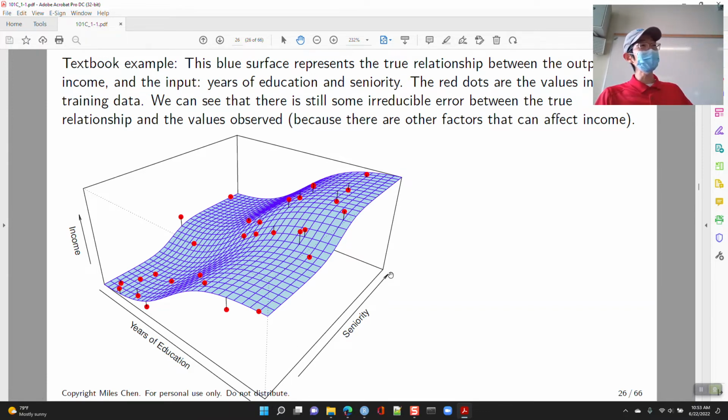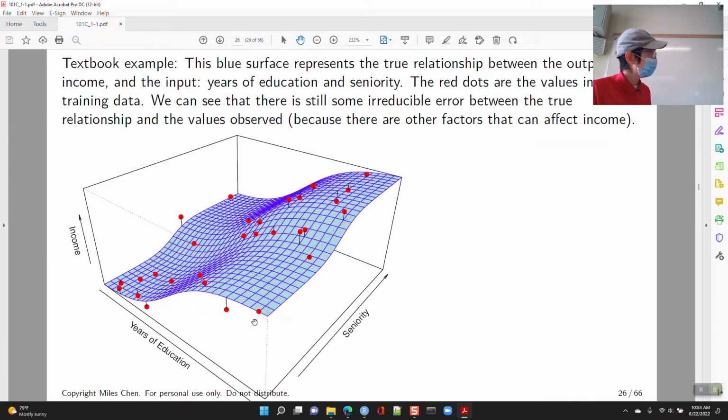Again, this is a simulated data set, so in real life it probably isn't this nice, okay? But the blue surface represents this model where we have 2 variables: years of education and years of seniority. And so the person who just started and has graduated high school has only a few years of education and no seniority, their income is low.